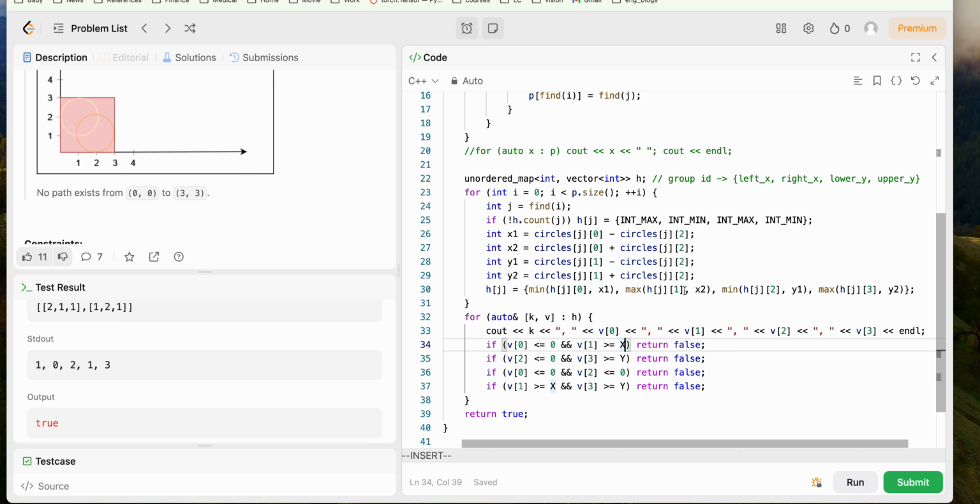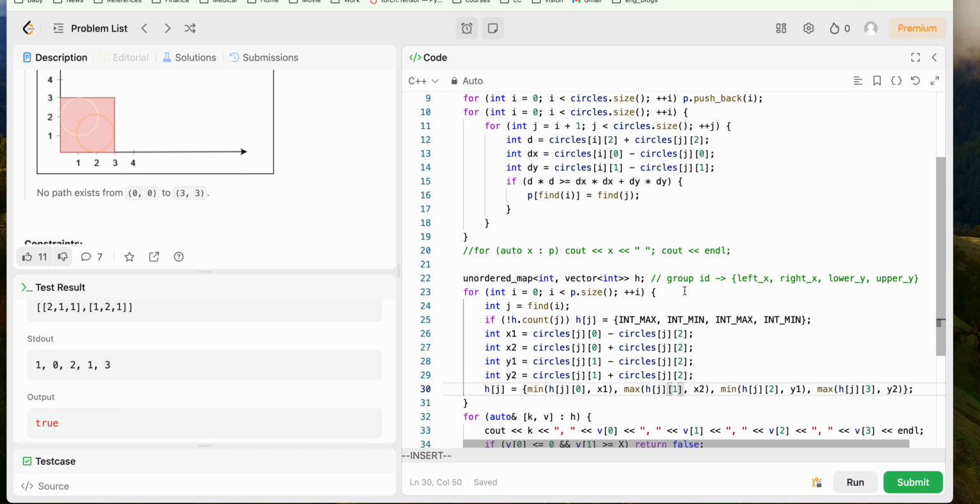It seems these are just the center positions, right?